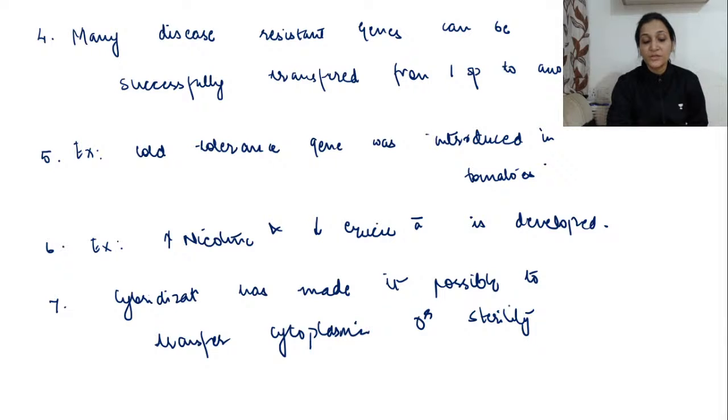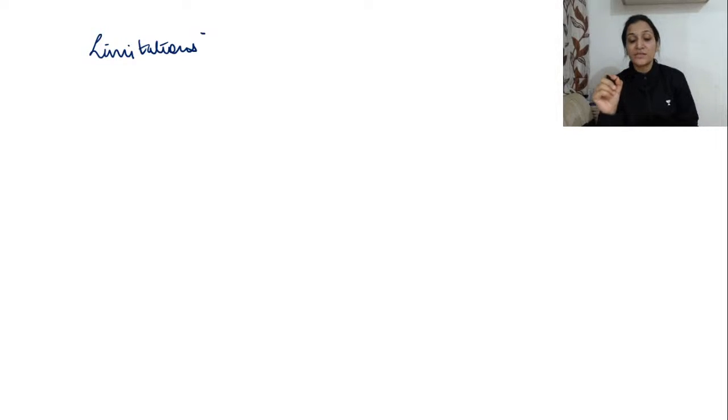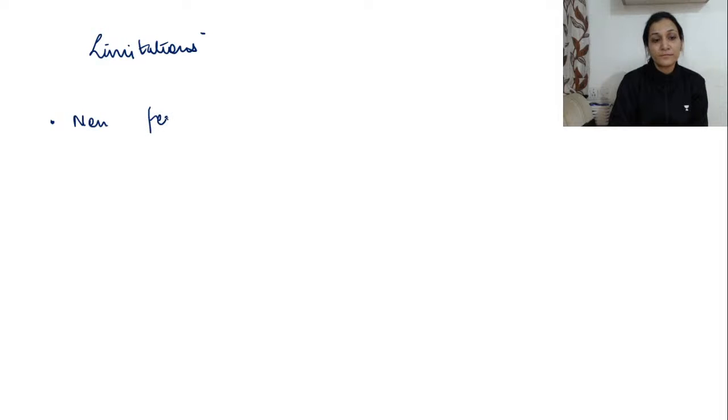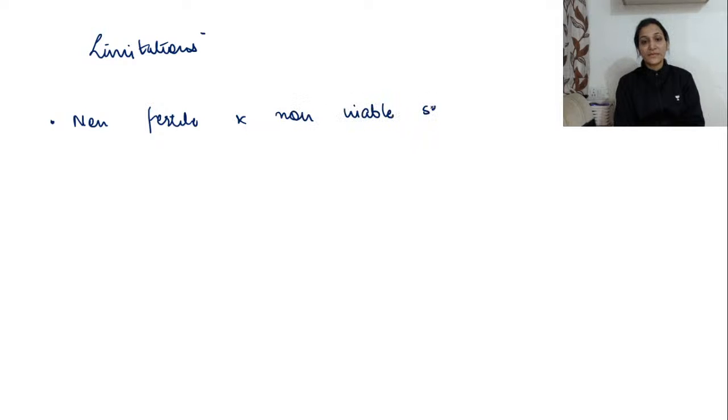Now we'll put some light on the limitations, and then we'll sum up. It does not always produce plants that give fertile or viable seeds. Non-fertile and non-viable seeds can be a problem. Then regenerated plants obtained from somatic hybridization are often variable because of somaclonal variations, chromosomal eliminations, and various other things.